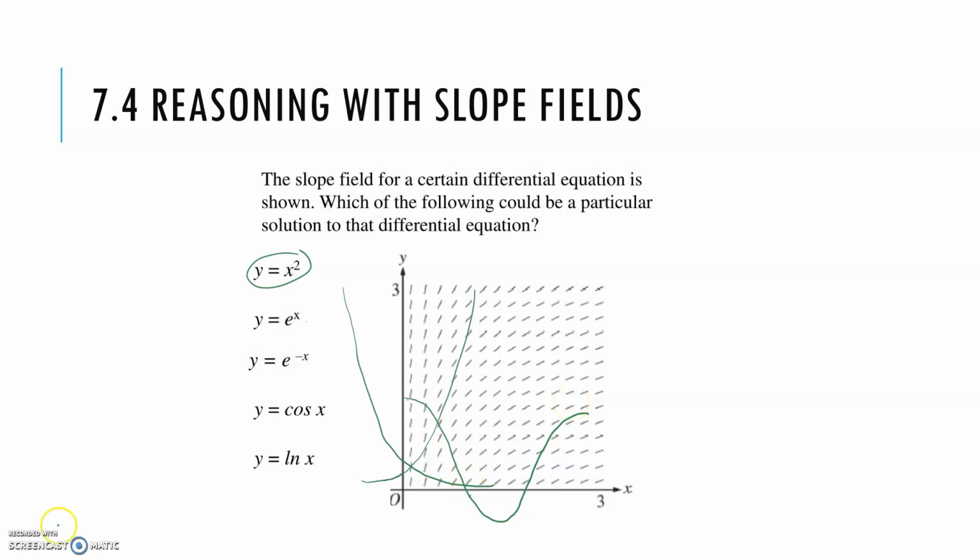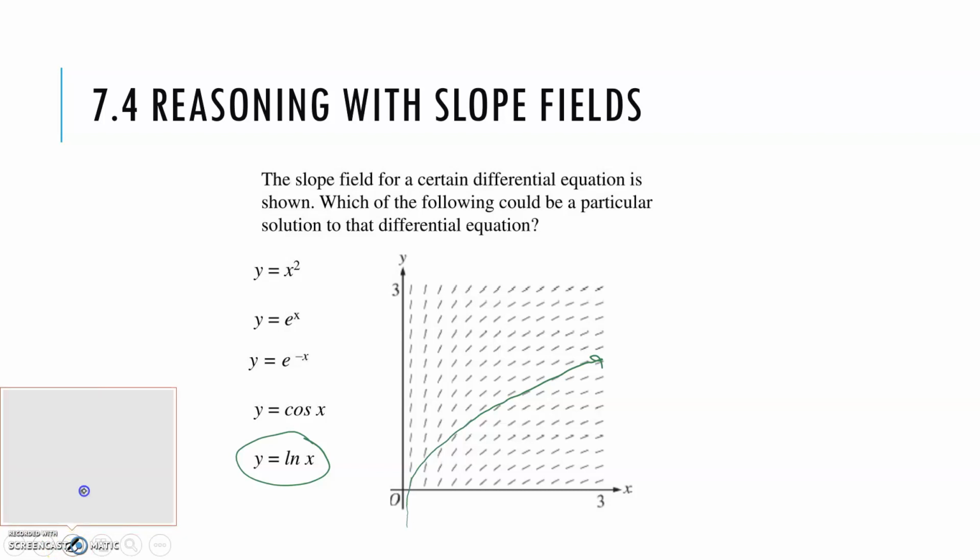But natural log of x, I'm going to erase all my writing. Natural log of x starts out, has a vertical asymptote, and then curves up. So yeah, it kind of looks like natural log of x, although I didn't follow it very well. But that's the one that it looks like the most. I'm going to try following that a little better. So it's pretty vertical, getting less steep, getting less steep, getting less steep. It's almost done.